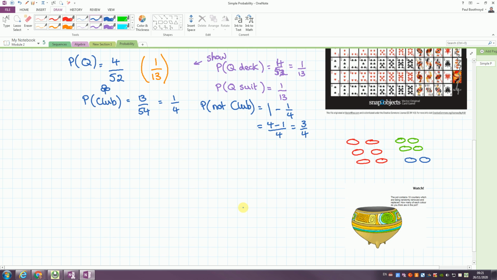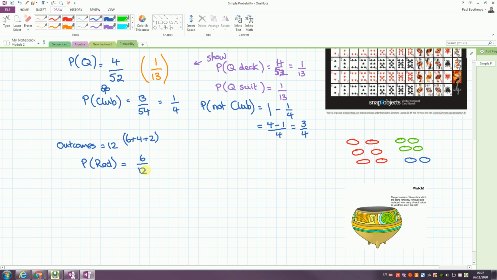You get some counter games, things like this one. How many counters are there altogether? So the number of outcomes is 12. That's 6 plus 4 plus 2. So if we're asked what's the probability of a red, there are 6 reds, divided by 12 outcomes.